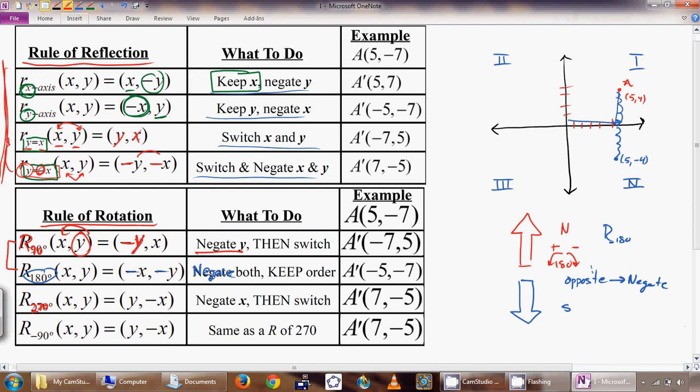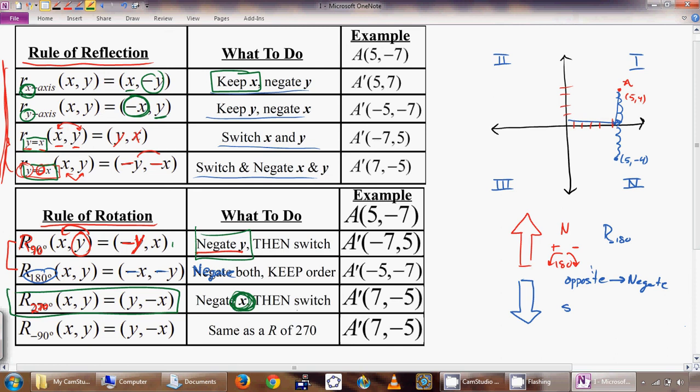For the 270, it's the same thing, except we're doing it to the x. When I write down the rule for 270, I see the rule for 90 in my head, and then I negate my x, not the y, and then I switch.